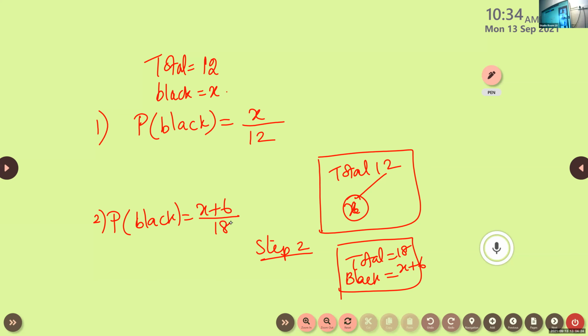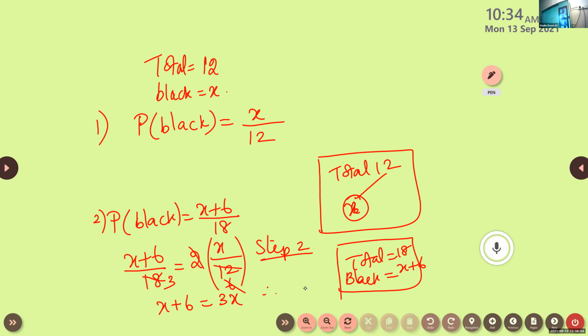Now what is given? Selecting a black ball in this case is double. Double means twice the probability earlier. It is given as double. So now if you cancel, this will become 6. Again, if you cancel, it is 3. So x plus 6 is equal to 3x.